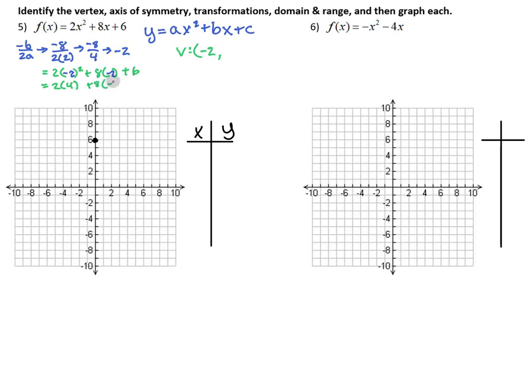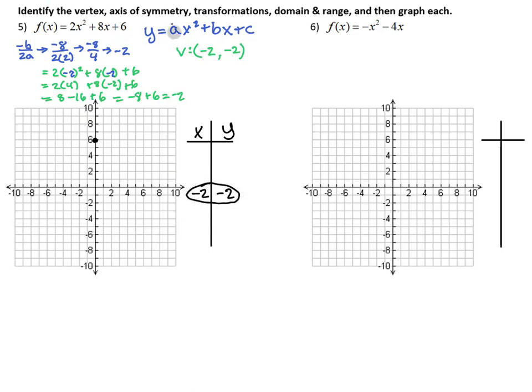Okay, and then we can come back and do all of our multiplying. 2 times 4 is 8. 8 times negative 2 is negative 16, plus 6. 8 and negative 16 make negative 8, and negative 8 plus 6 is negative 2. So negative 2 happens to also be the y-coordinate of our vertex. So our vertex here should be at negative 2, negative 2.